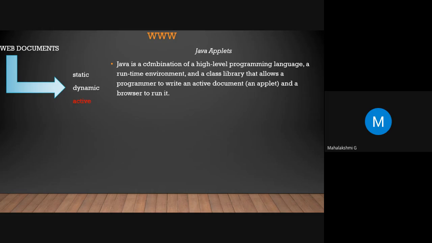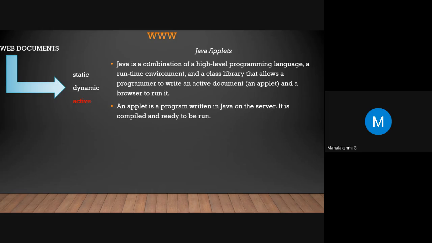It can also be a standalone program that does not use a browser. An applet is a program written in Java on the server. It is compiled and ready to be run, so the document is in bytecode format. The client process creates an instance of this applet and runs it.